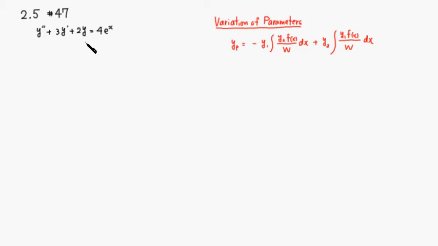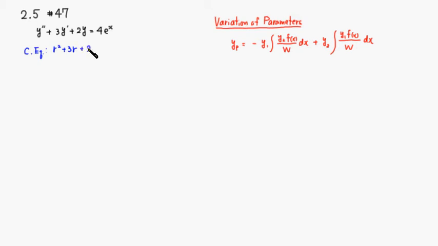First we need to do a characteristic equation and find the complementary solutions. The characteristic equation would be: y double prime gives r squared, 3y prime corresponds to 3r, and 2y corresponds to just 2.